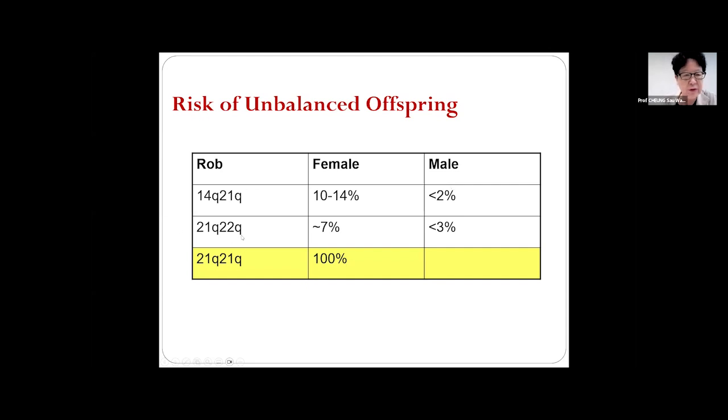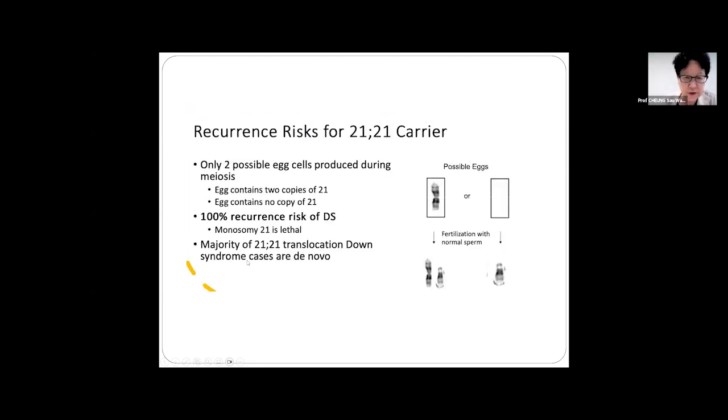And for 21;22q Robertsonian translocation in females, the recurrence risk is 7%. On 21;21q, the recurrence risk is 100%. I could show you the picture.